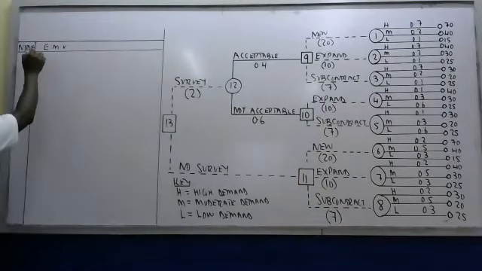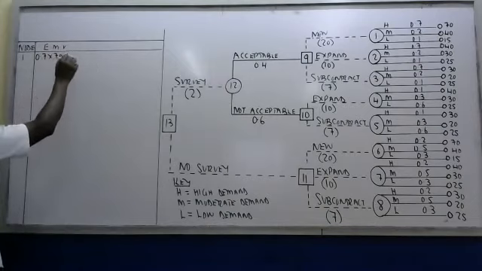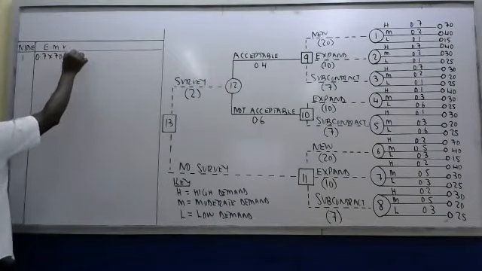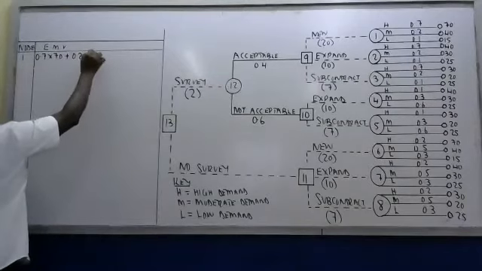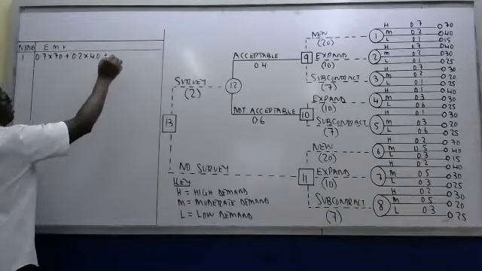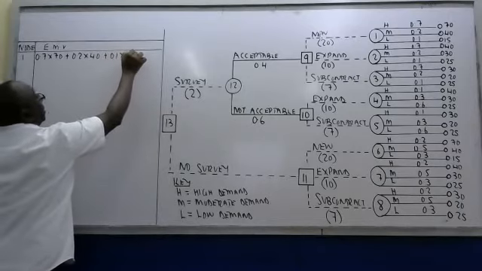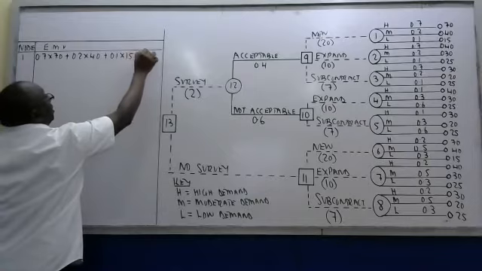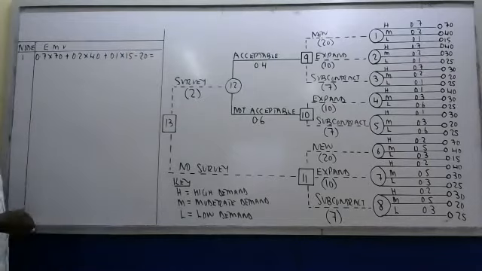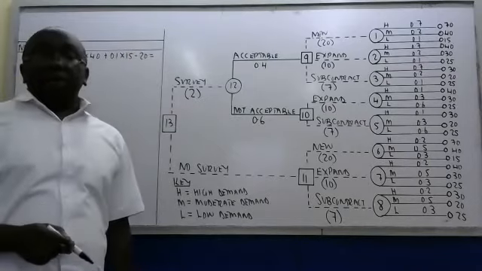So that would be 0.7 times 70 plus 0.2 times 40 plus 0.1 times 15, you minus 20, the one getting in there, you minus 20.